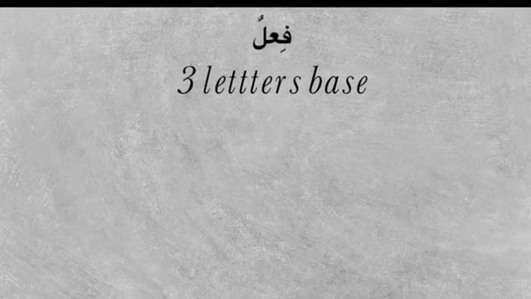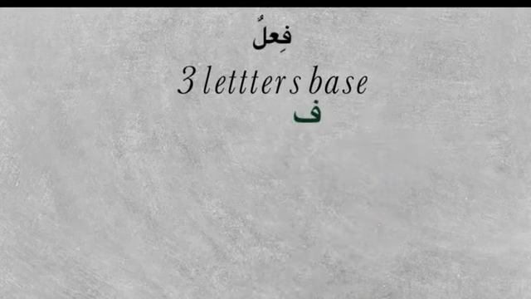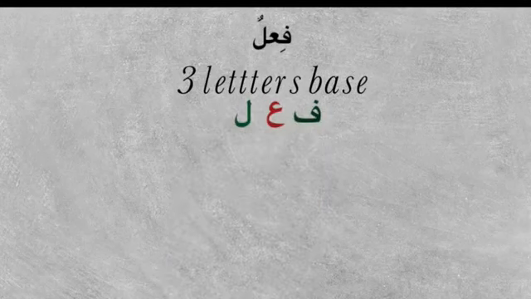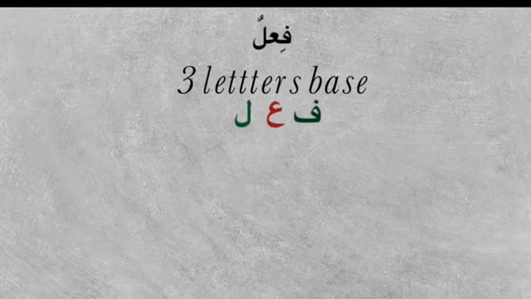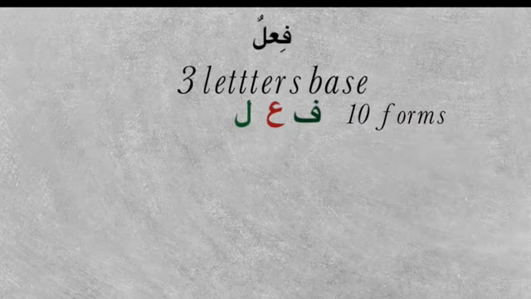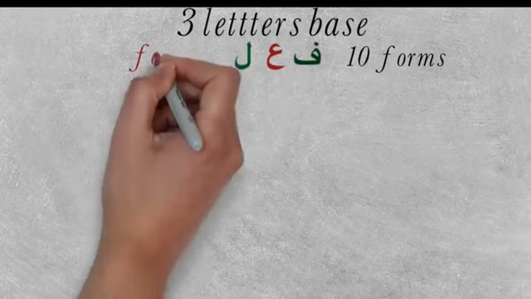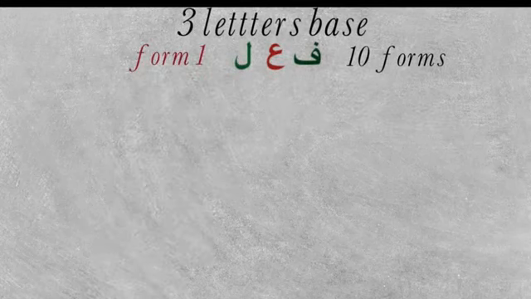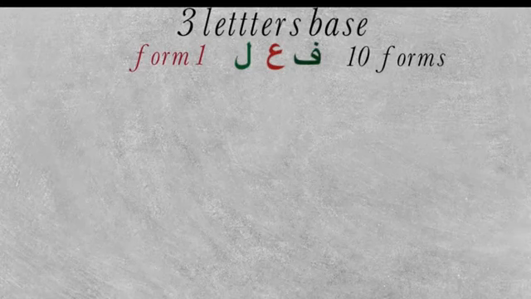We know the three-letter base is termed fa kalima, ain kalima and lam kalima, and the action takes place only on the ain kalima, while fa and lam kalima are the constants, so they always have fatha in madi. For this three-letter base there are 10 forms, and we're doing form 1 in detail. Form 1 is the basic three letters: fa kalima, ain kalima and lam kalima.